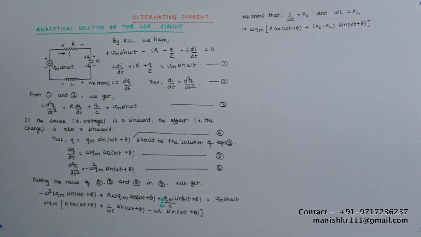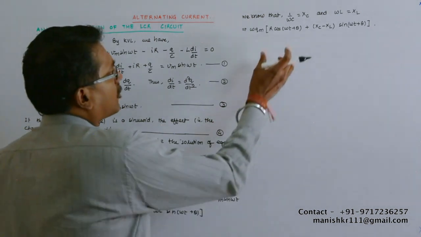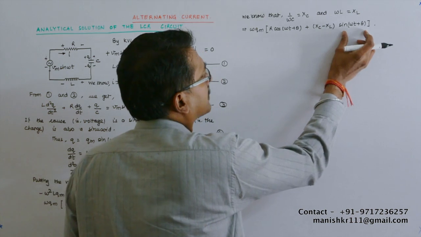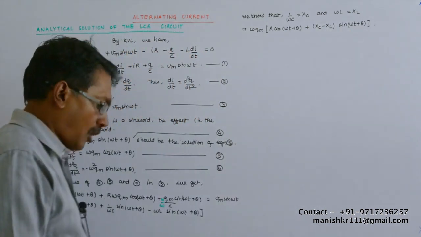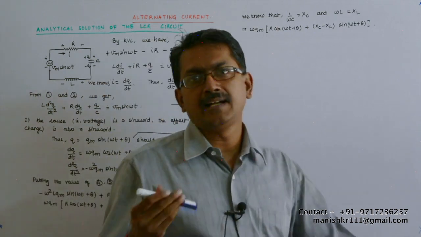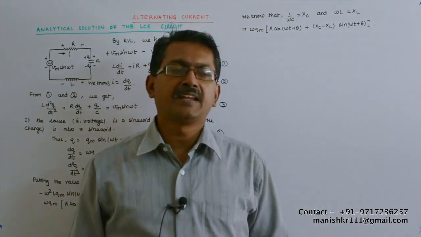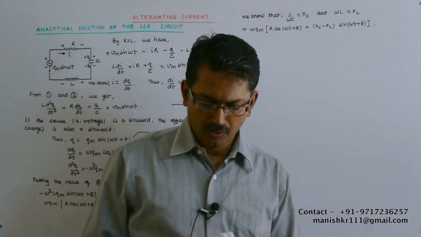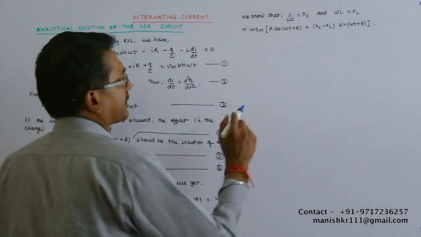Now see what happens, this is cos of some angle and this is sine of some angle. You were taught a skill in class 11th while doing physics of waves and oscillations. I do not know whether you remember, so I reproduce it here.